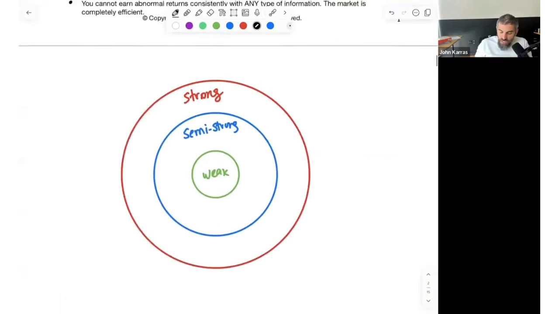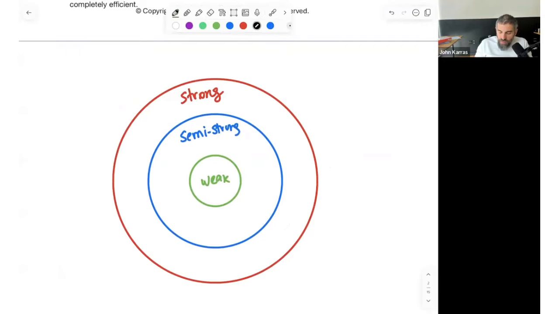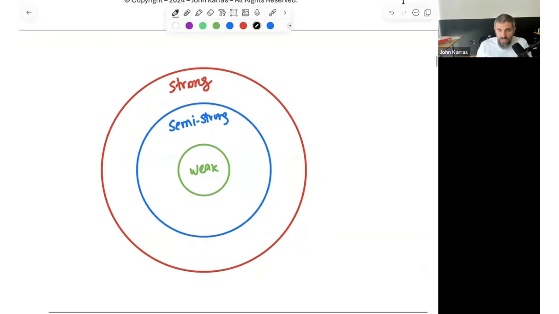But what I want you guys to understand is if you violate a level, then you are automatically violating any levels above it. So if you're reading a question on the exam and the question violates the weak form, then it automatically violates semi-strong and it automatically violates strong.